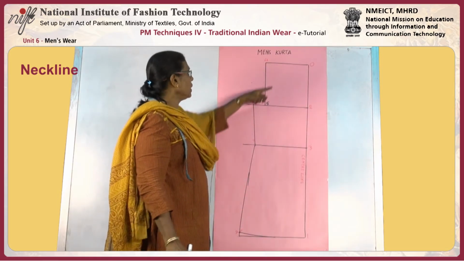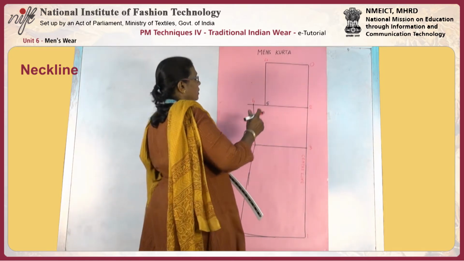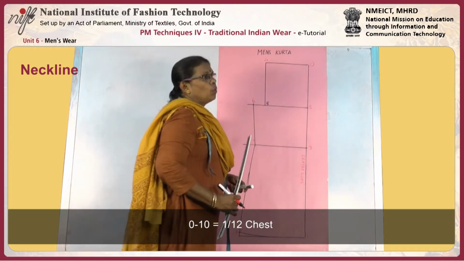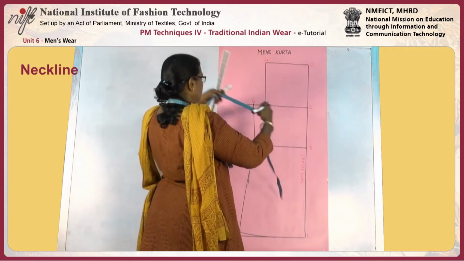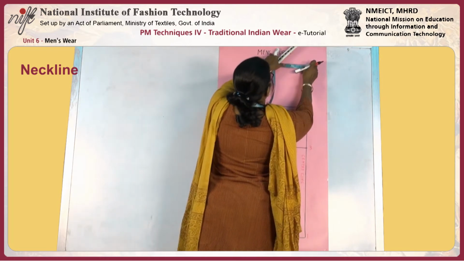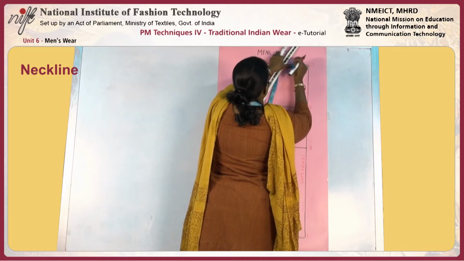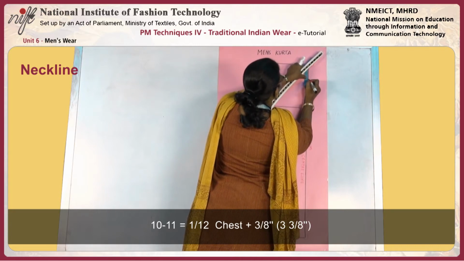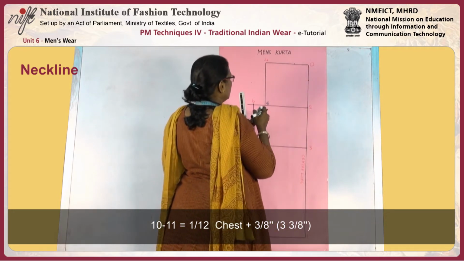Now we are going to draw the neckline. 0 to 10 is 1/12 of chest, three inches, and 0 to 11 is 1/12 of chest plus 3/8 of an inch.